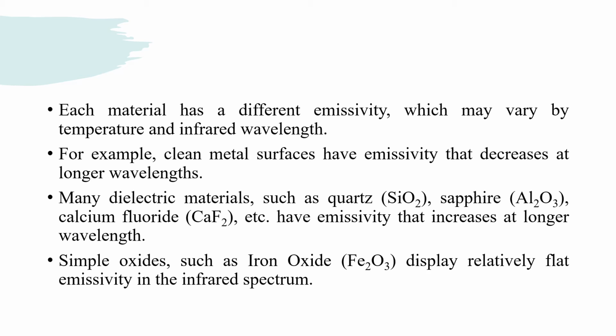Next, each material has a different emissivity. As I told, emissivity varies from 0 to 1, and for the perfect black body the value is 1, while all real objects have a value less than 1.